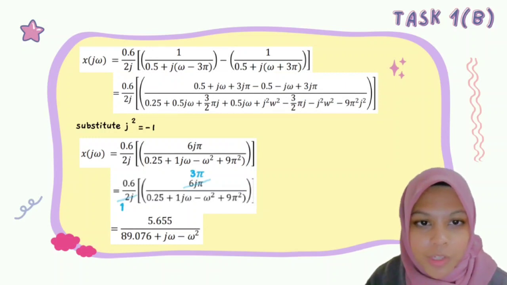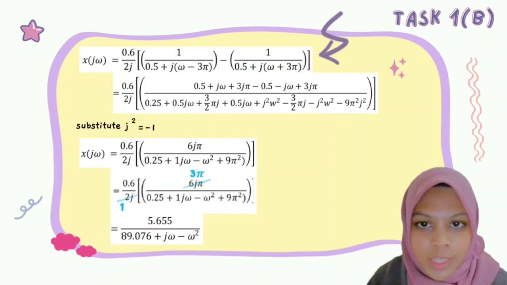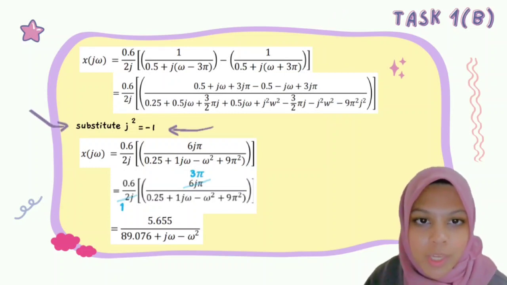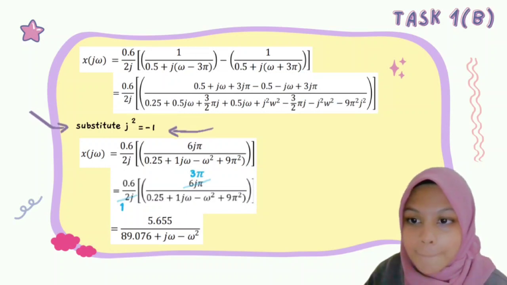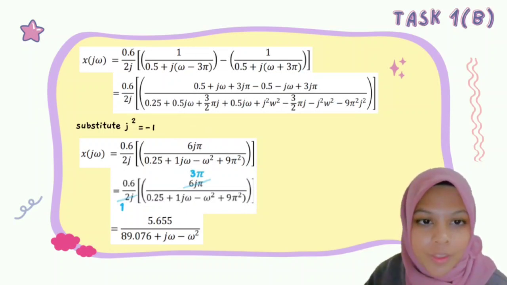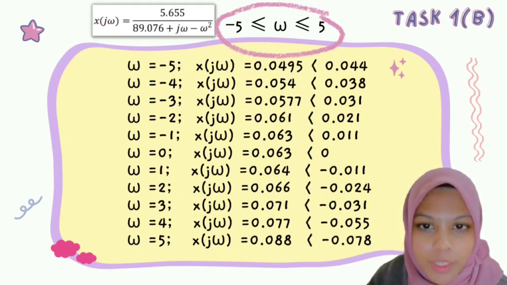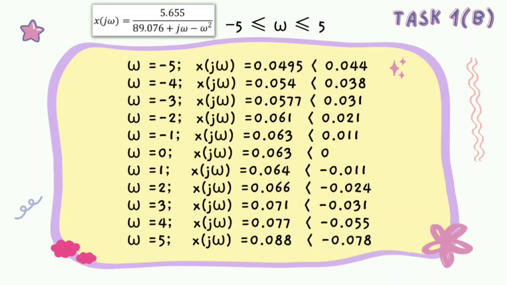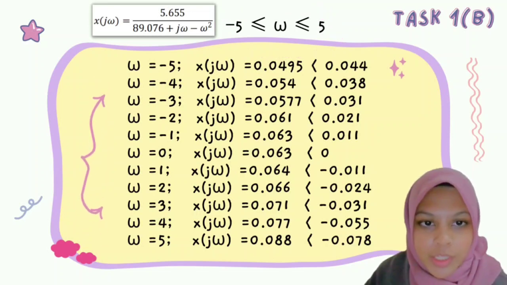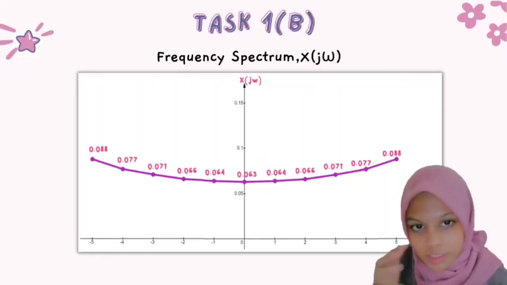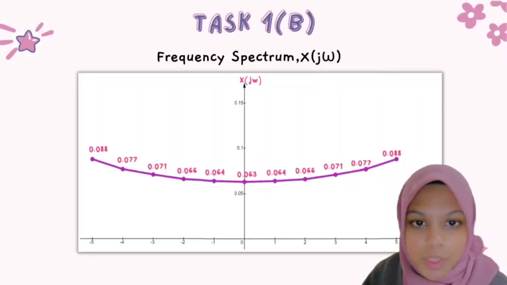After we replace the equation into the Fourier transform, we get this. And don't forget to change j squared into negative 1. As the question asks, we need to find X(j omega) for omega from negative 5 to 5. So here are the results of the calculation, and this is the frequency spectrum based on the calculation.